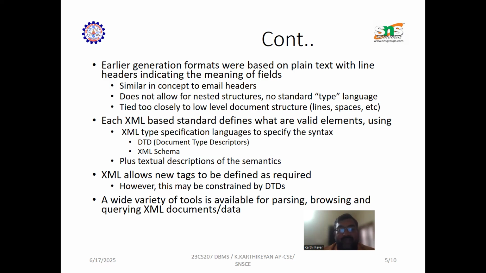Each XML based standard defines what the valid elements are, using XML type specification languages to specify the syntax, DTD (Document Type Descriptor) and XML schemas, plus a textual description of the semantics. XML allows new tags to be defined as required. However, this may be constrained by the DTD. A wide variety of tools is available for parsing, browsing and querying XML documents and data.